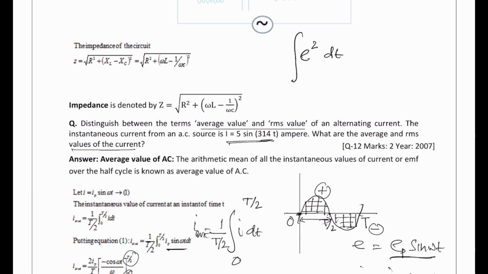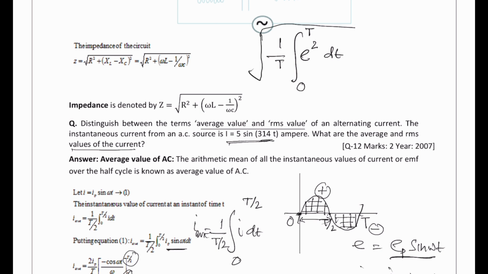Taking the sum means integration from what to what? From 0 to the entire cycle, T. Since we have taken 0 to T, similar to our normal statistical average, we have to divide by T, correct? Initially we squared all the instantaneous EMF to get rid of negatives, so this gives us the mean square. To get rid of the square, we take the square root.